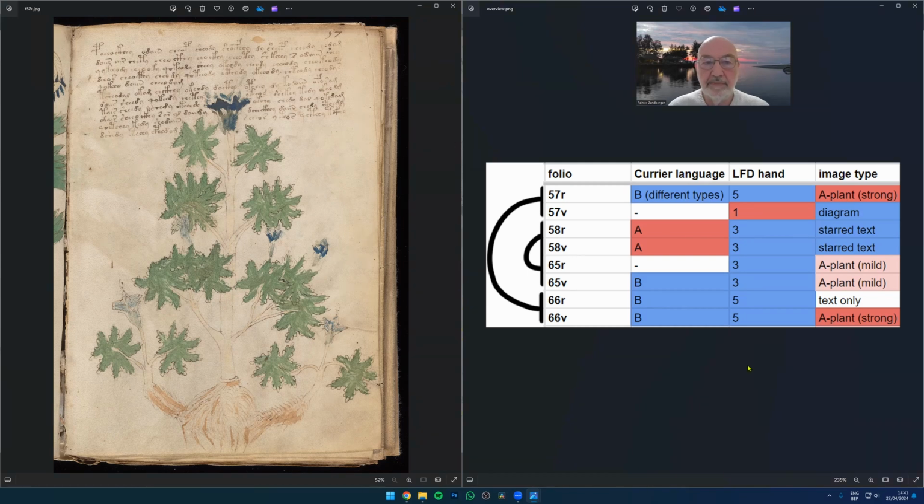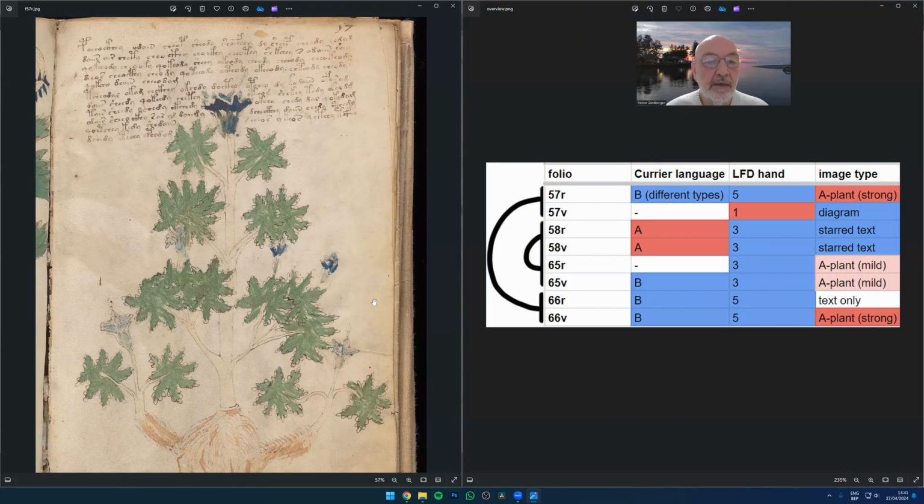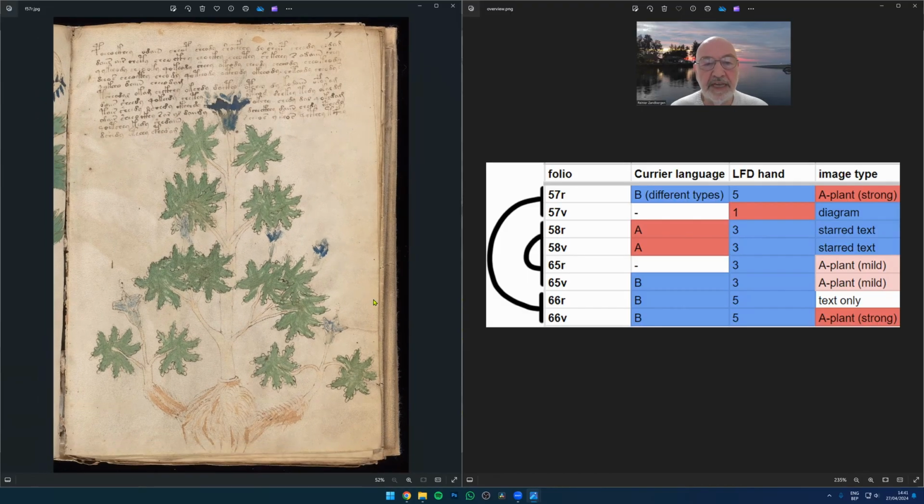Yeah, I think so. I must say I haven't really looked at that in detail. I mean, we already have Lisa, who has all this at her fingertips, so to speak. Yeah, definitely. I did note that those bifolios where things aren't as they should be, so where you have unclear identifications or even conflicting identifications, these are typically B language folios where the B language is quite weak.